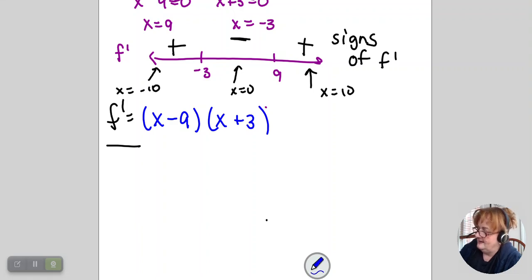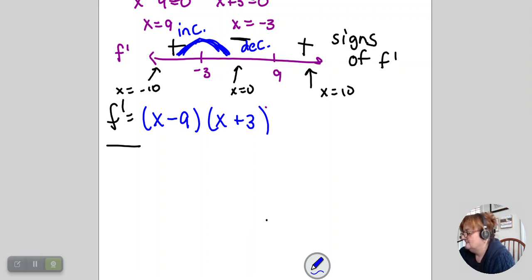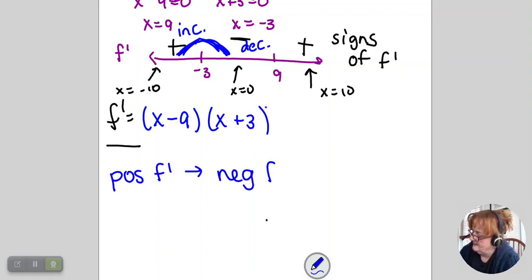So when I see increasing to decreasing, positive slope to negative slope, that tells me positive f prime to negative f prime.